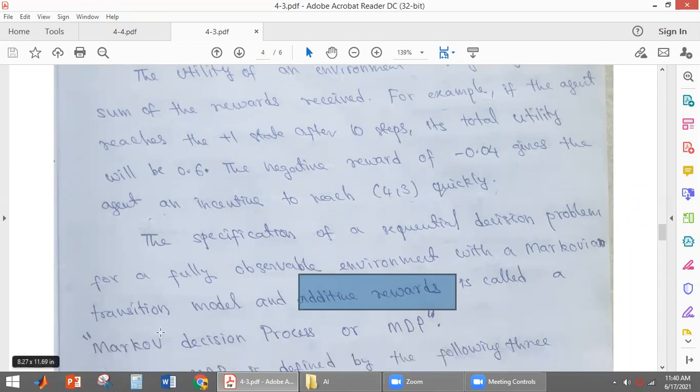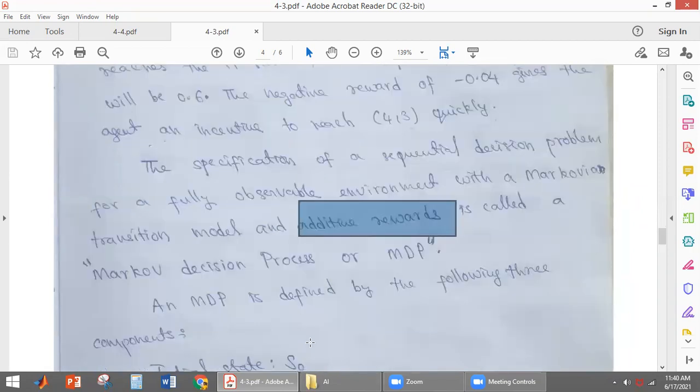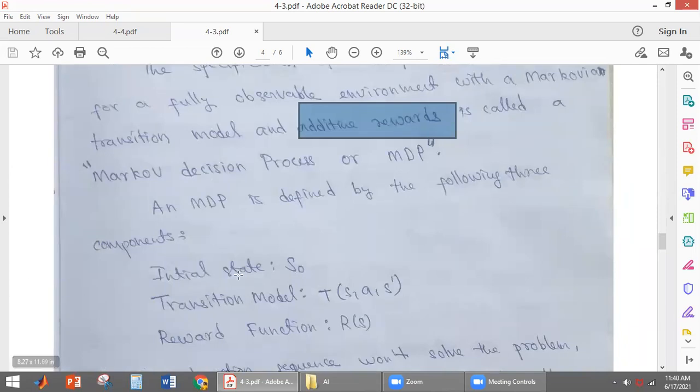So this is called a Markov decision process. A Markov decision process is denoted by three components. The first is the initial state, that is the start state where the agent starts. The second is the transition model: the probability of the agent moving from one state to another for a given action. The third is the rewards: for every step there is a reward, and everything is added together to find the total reward to reach the goal state.